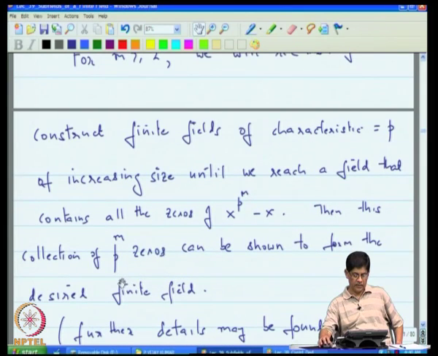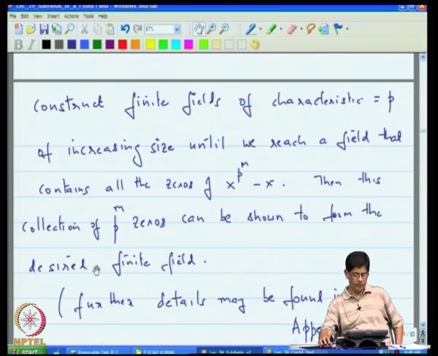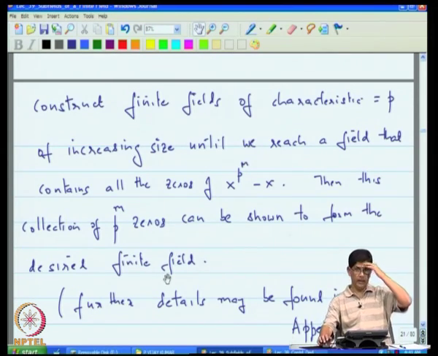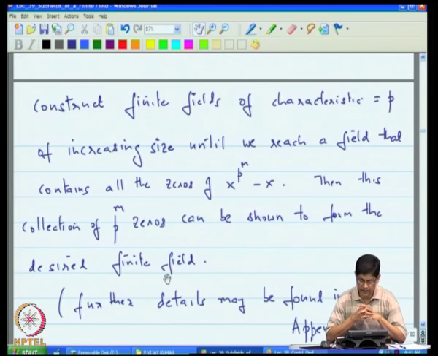Then it turns out that the collection of p to the m zeros of this polynomial form the desired finite field. Okay. And there is a little bit more to it than that. How exactly do you build finite fields of increasing size is covered in the appendix. So, we will actually skip that.